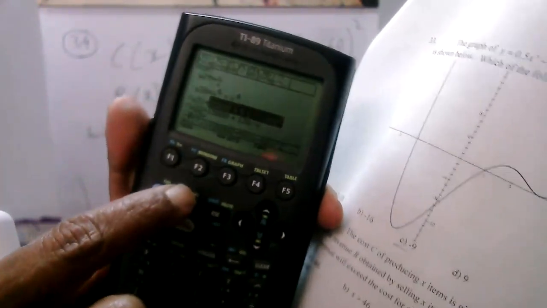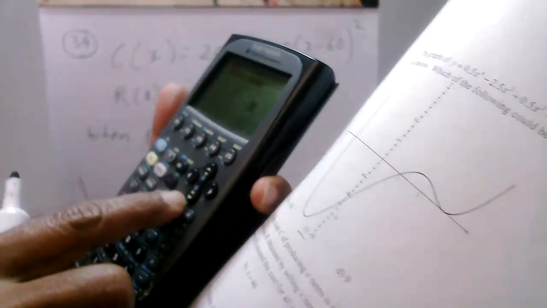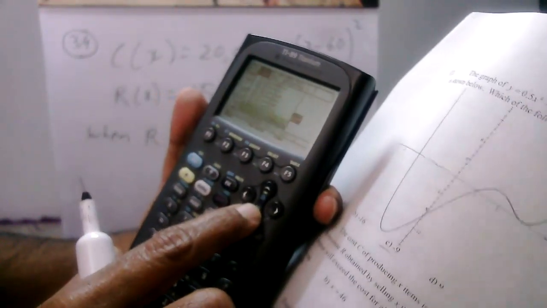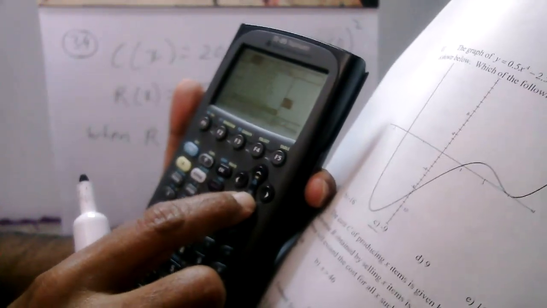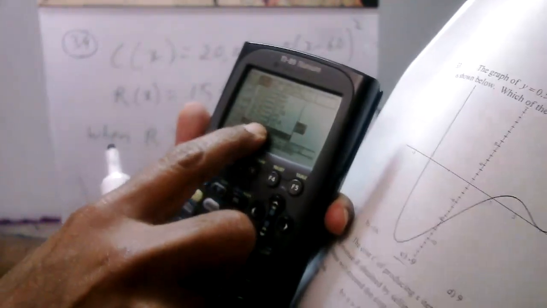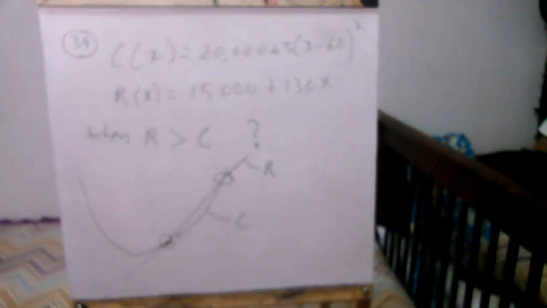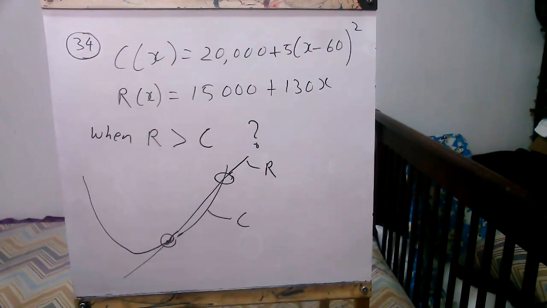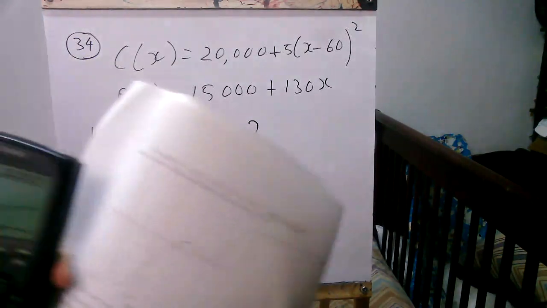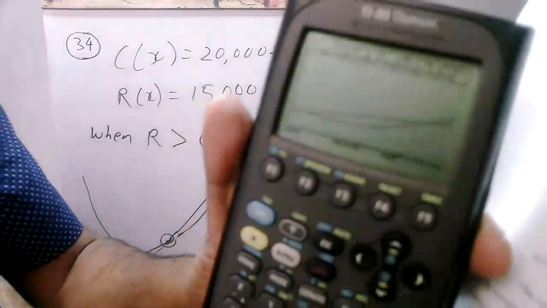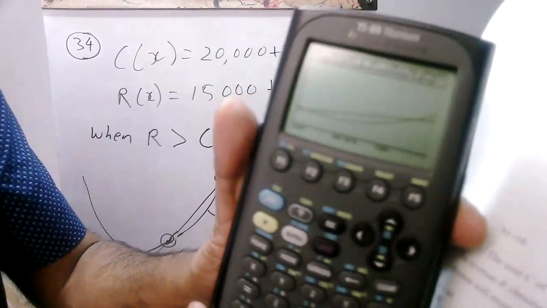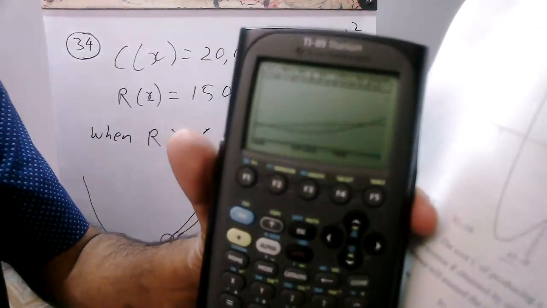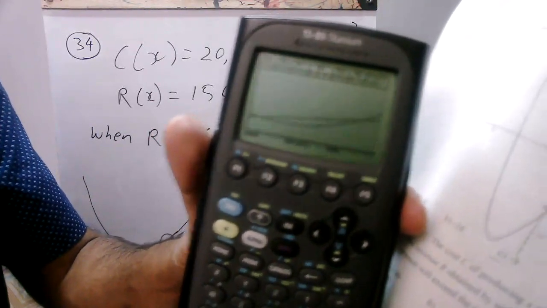What you should do is go to F2 and go to choice A, zoom fit. Right? Then it will give you a fit. Let me do it. Then you get this graph. Right, I believe you can see this.